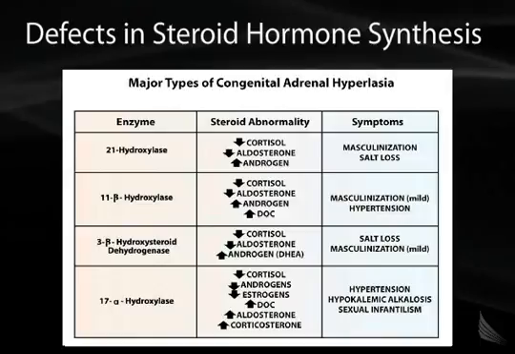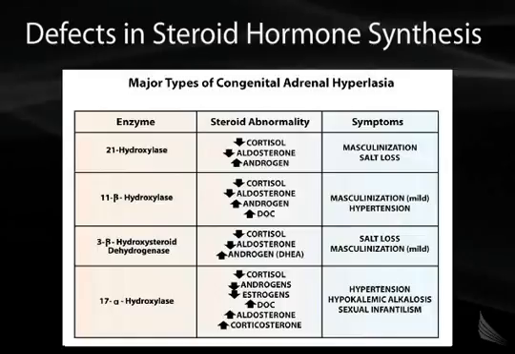What you in fact see is a decrease in cortisol, decrease in androgens, decrease in aldosterone, but an increase in the DOC. As a result, these kids are, very similar to 11-beta-hydroxylase, going to have hypertension, but they will have sexual infantilism because they don't have any androgens at all.